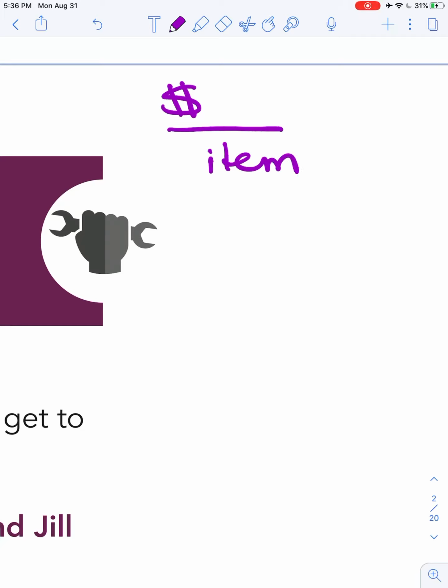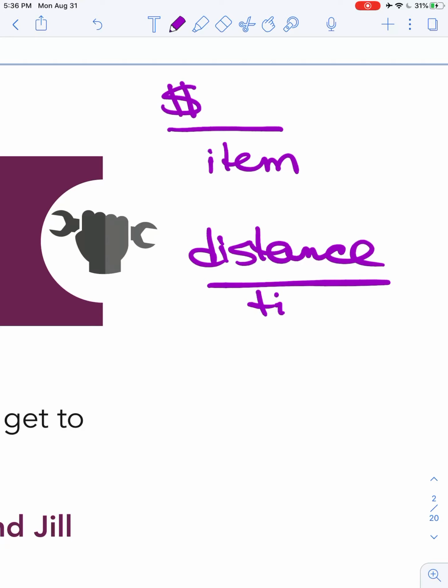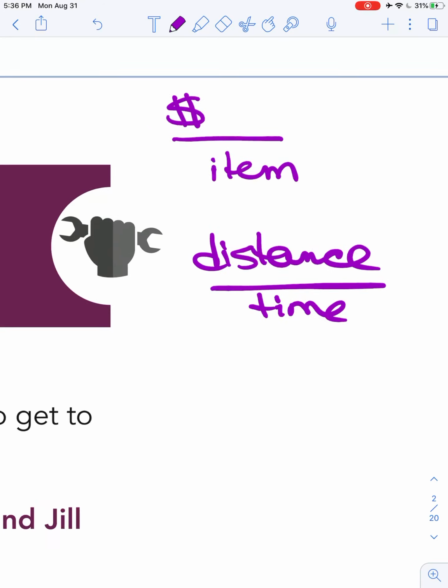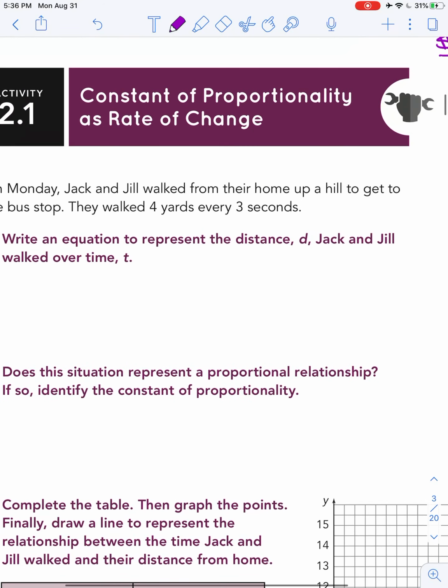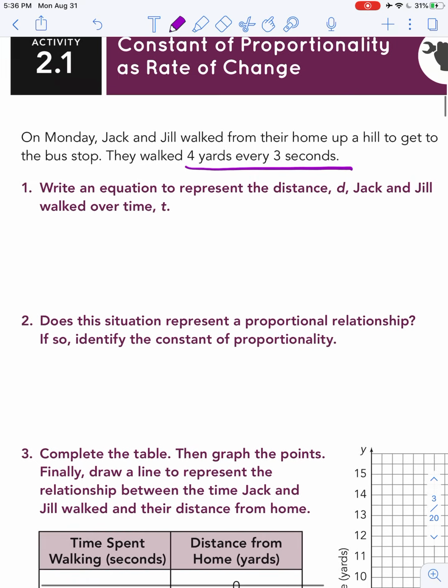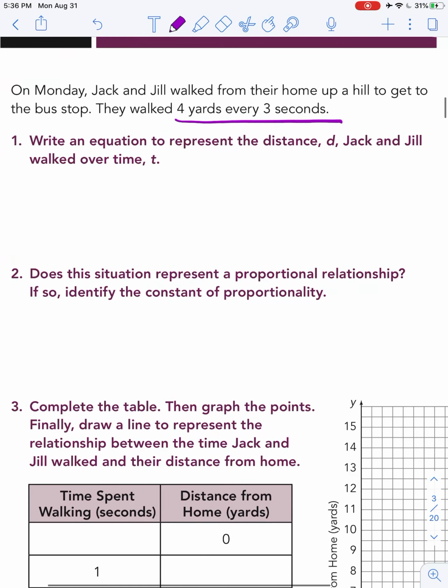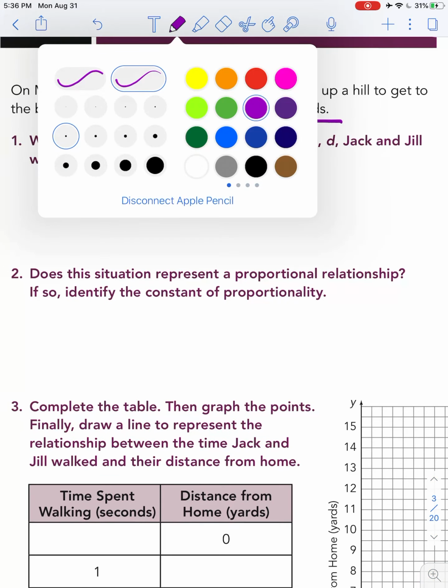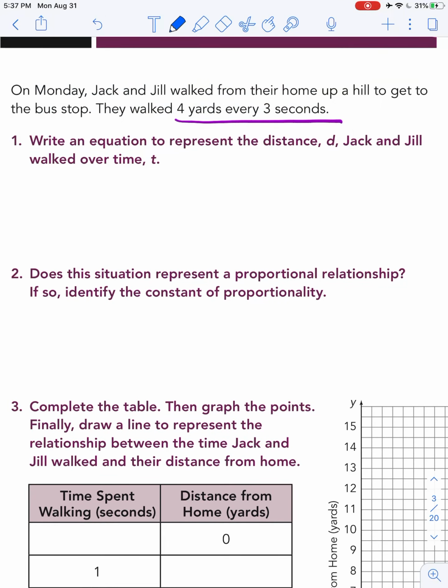The other thing is you're going to have distance over time. It's always distance over time. So when I'm looking at this, this says 4 yards every 3 seconds. Write an equation to express the distance over the time.